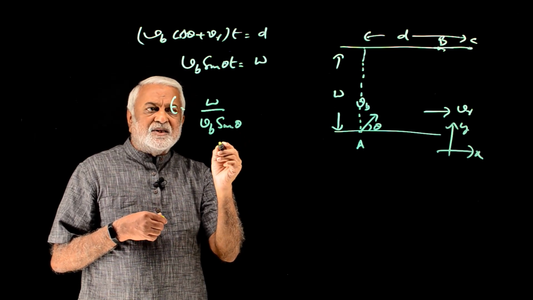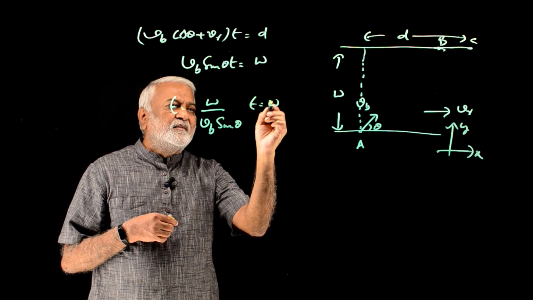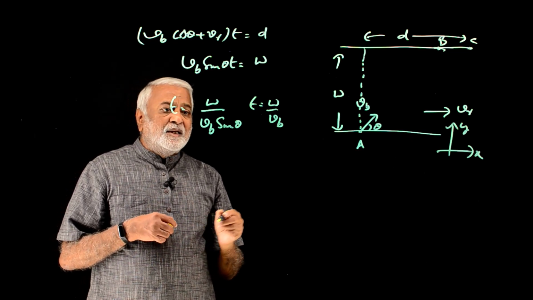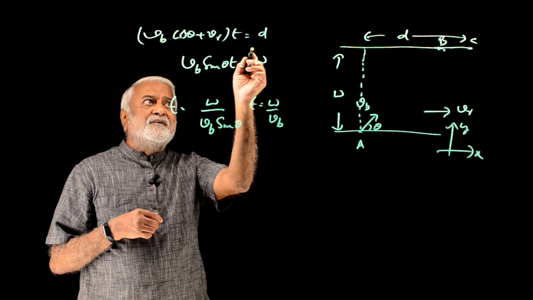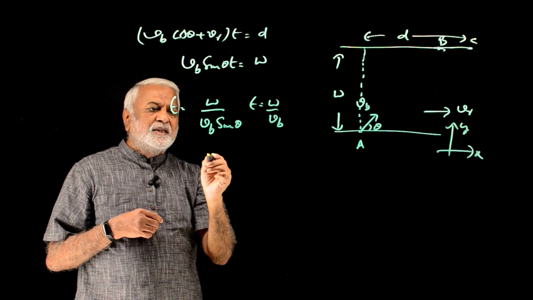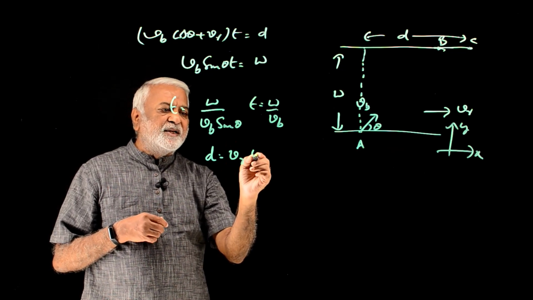When theta is 90, t will be w by Vb, right? That's the minimum time. And then the distance traveled parallel to the river, d. Theta is 90, so cos 90, that's 0. That d will be Vr into t. t is w by Vb.